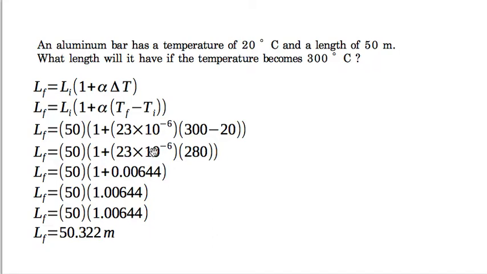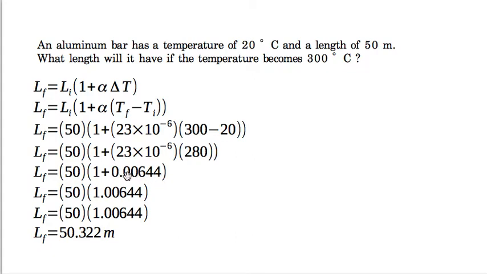So then we got to multiply first this thing because that's inside the parentheses. This parentheses goes from here all the way over here. So you got to do first this multiplication and then you add it with the 1.